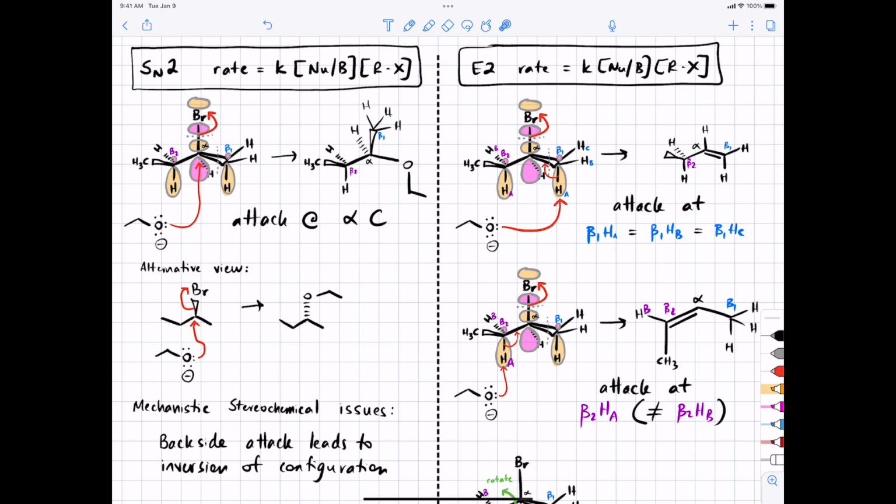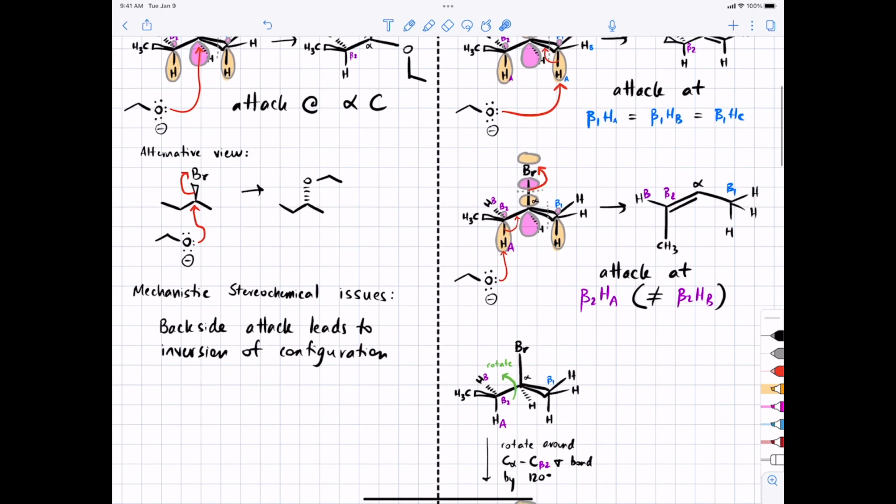Because we will see that beta proton A, purple beta 2 proton A, and purple beta 2 proton B are not identical because they lead to different products.